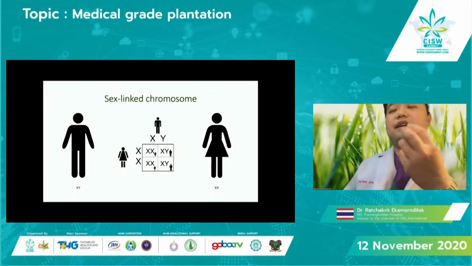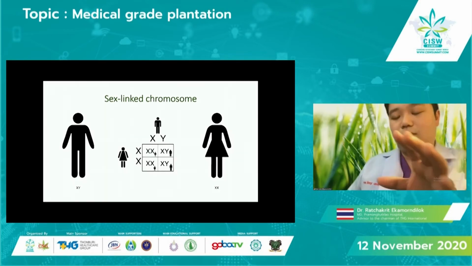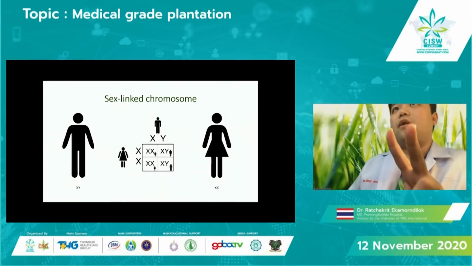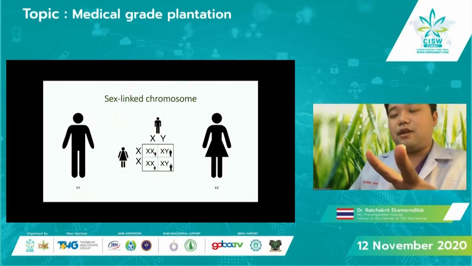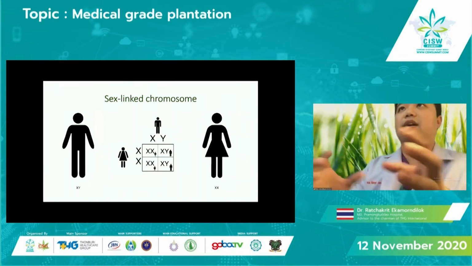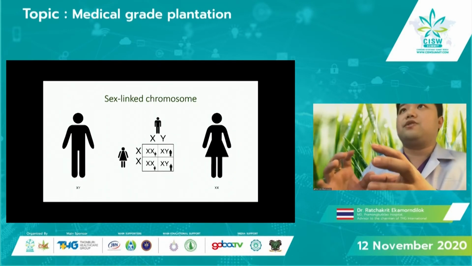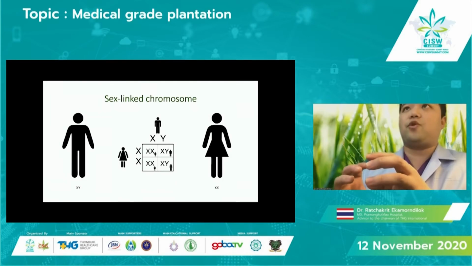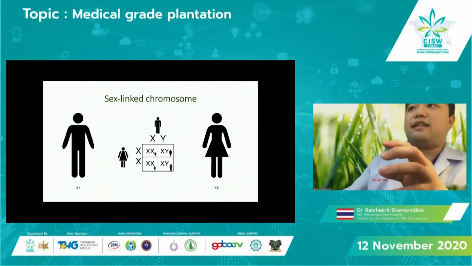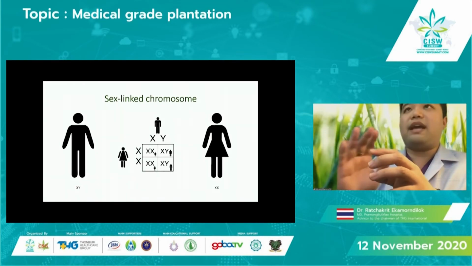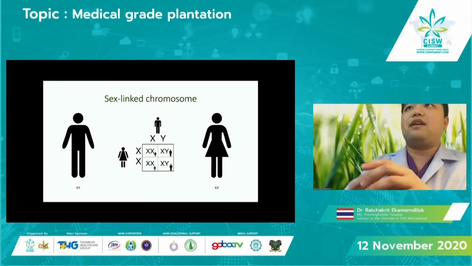And what is the benefit of the hermaphrodite? How does cannabis show sex, male and female? It's on the sex-linked chromosome: XX is female and XY is male.